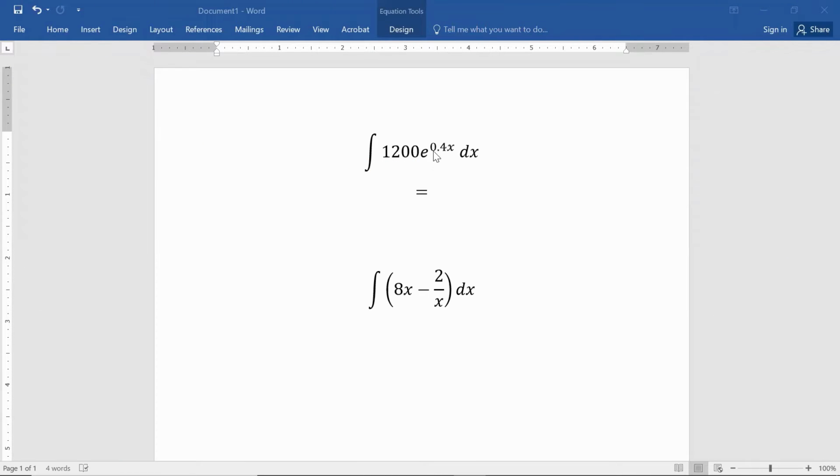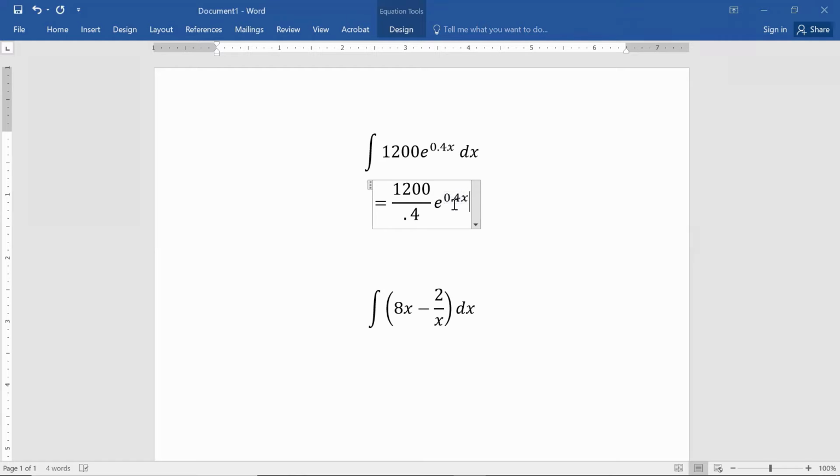For 1200 e to the 0.4x, we know using our rules that if we're going to integrate e to a linear power, we can just rewrite e to that linear power and then divide by the coefficient of x out front.